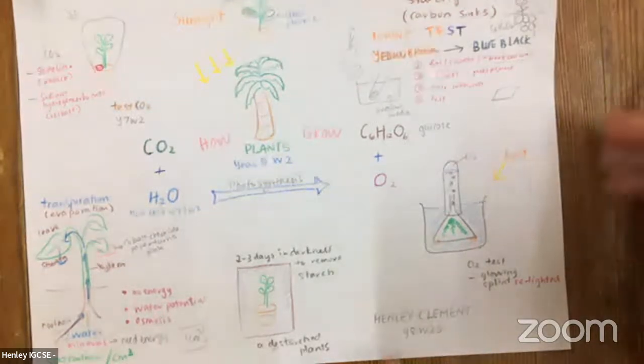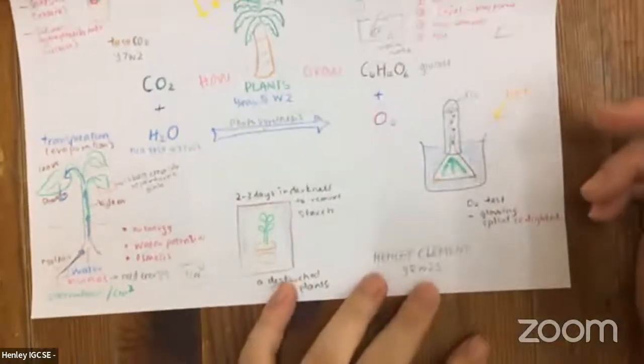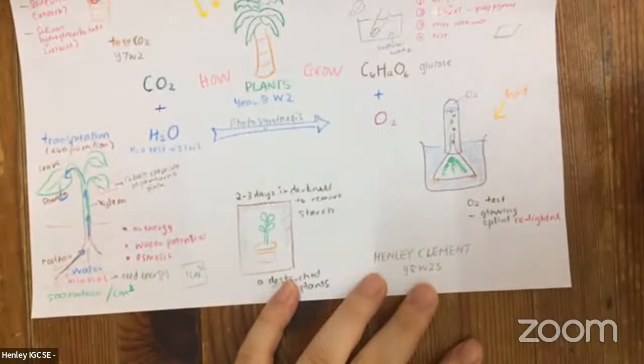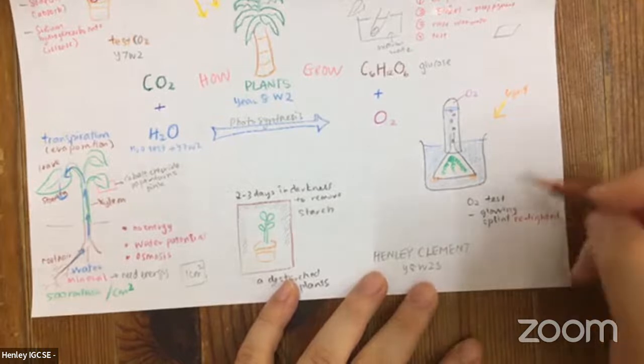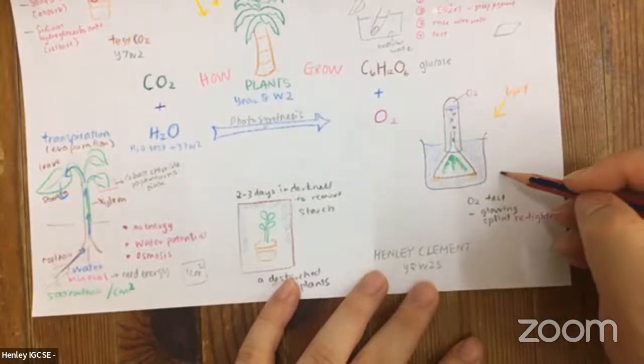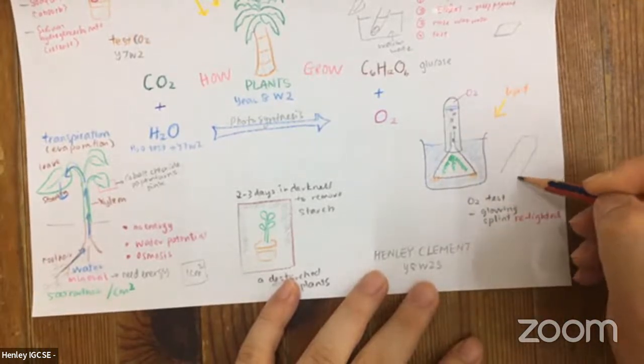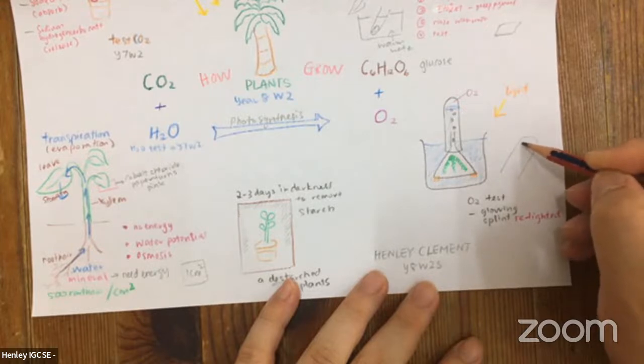Here I give you a summary of the tests, which is the O2 test, oxygen test. If you're using a glowing splint, this is the test tube. Once you take out the test tube, this one is the O2 here.